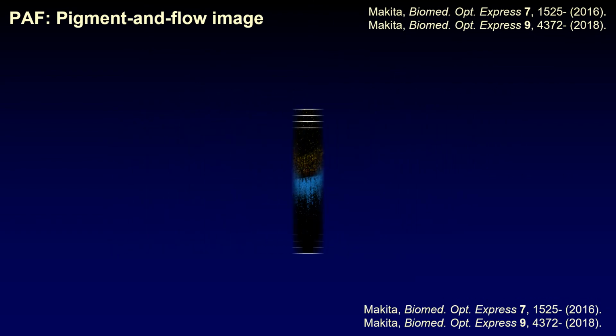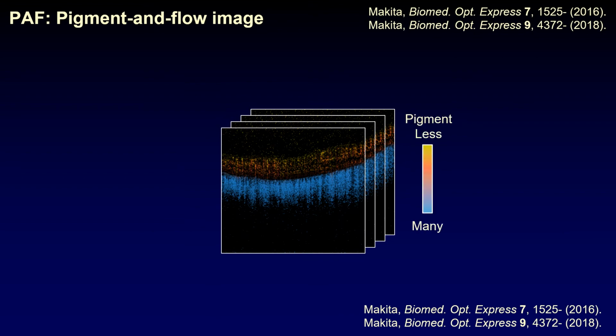In the combined volume, the blood vessel appears as red or yellow if there is no melanin on top. It appears as blue if there is melanin above it. So, in the normal eye, the retinal vessels appear as red to yellow, while the choroidal vessels appear as blue. By viewing this volume from the top, we finally have the en face pigment and flow image.